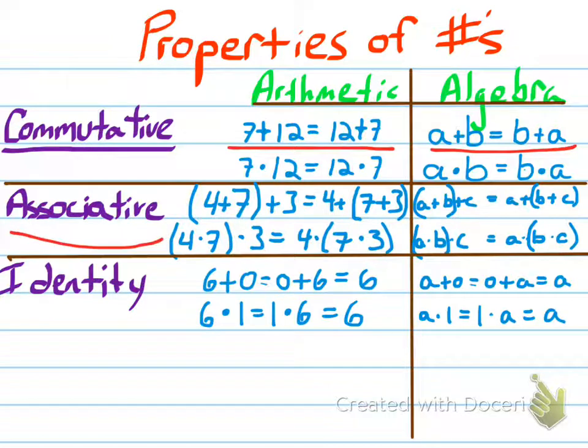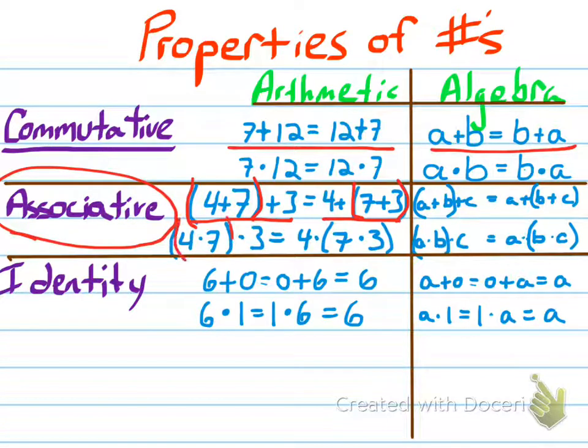Now, associative property is one that people forget. Associative property, you see the difference between the two? The numbers stay in their right spots. They stay the same. The only thing that moves are these parentheses. So this is saying that it doesn't matter where you put the parentheses, this stays the same.